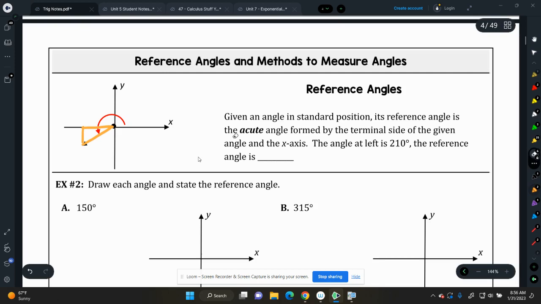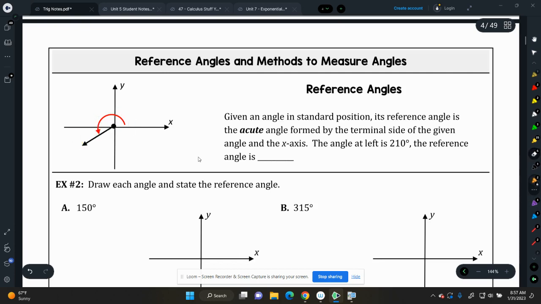So if I look at this right triangle here, it's this little angle right here that I'm going to pay attention to. I'm not going to pay attention to this big angle here. It's that little one. It's what we call the reference angle.